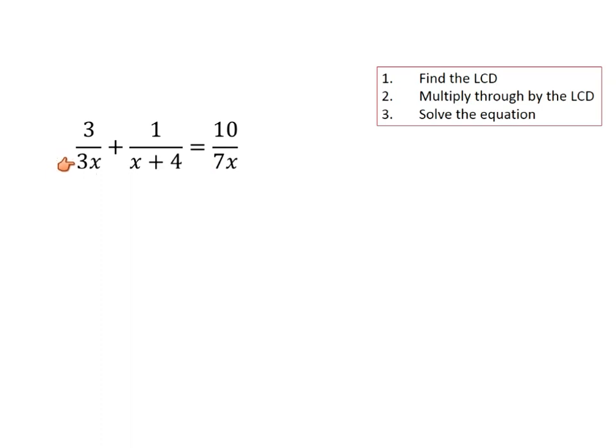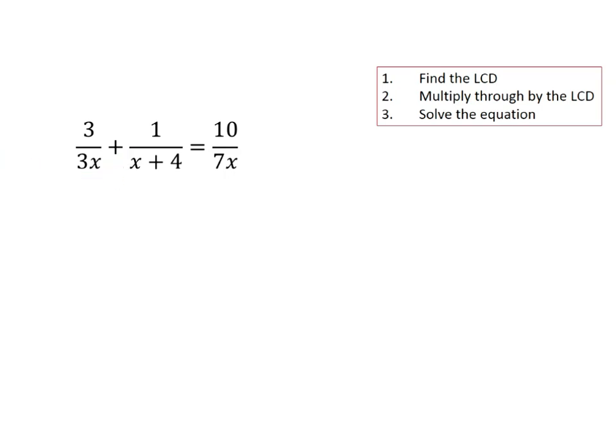I don't really need an x squared. I just need an x term for this to be able to divide in and this to be able to divide in. So if I look at just the number part, both of these numbers will divide into 21. If I look at just the variable part, both of these x's will divide into x. And then the expression, the binomial I have here, will go into itself.